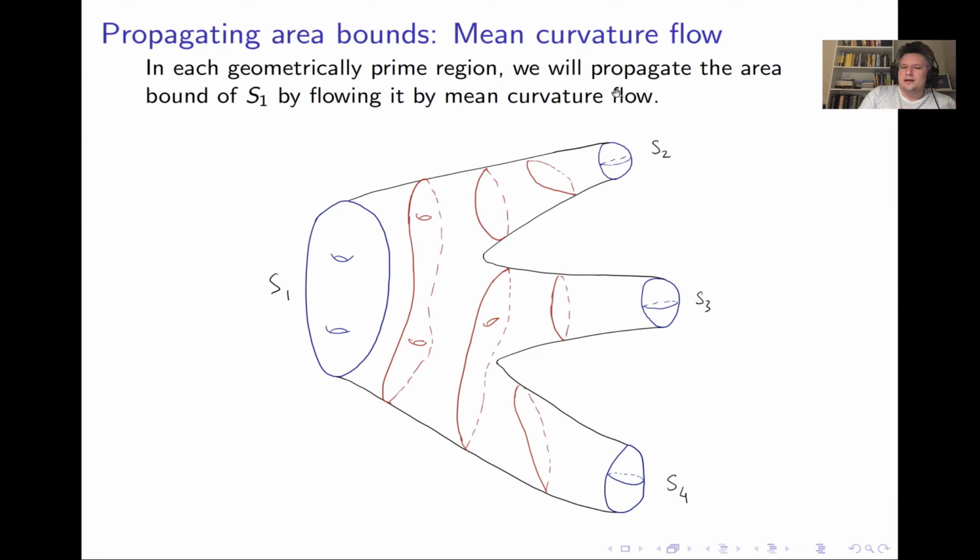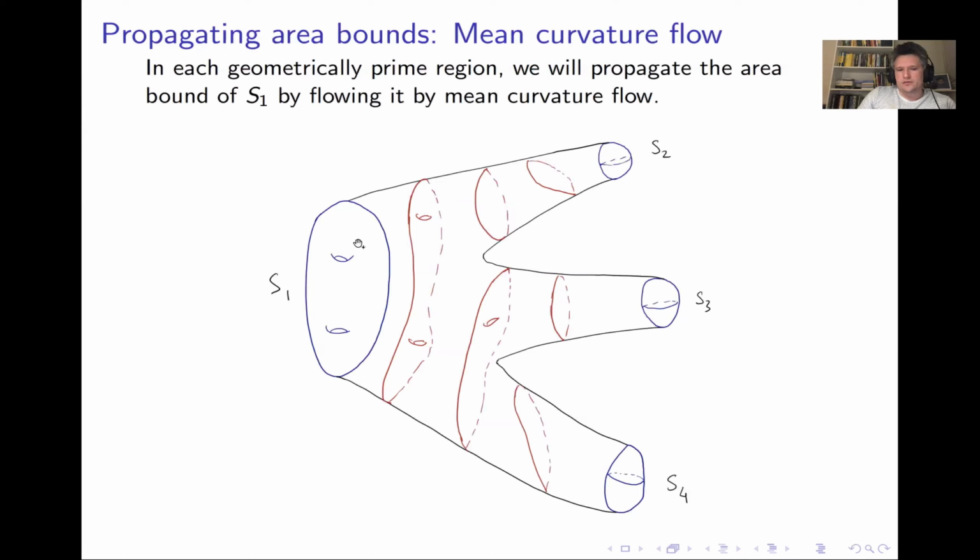And one can show that the long time behavior of that flow is that it has to converge to stable minimal surfaces. So this was a result by Brian White, who pioneered mean convex level set flow.